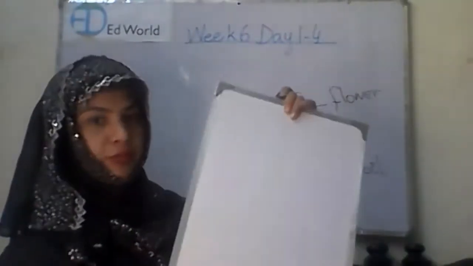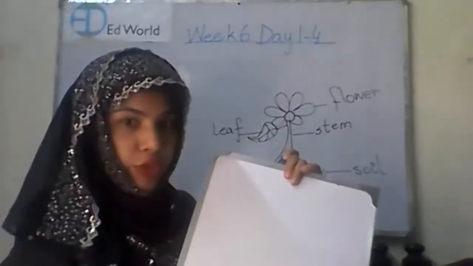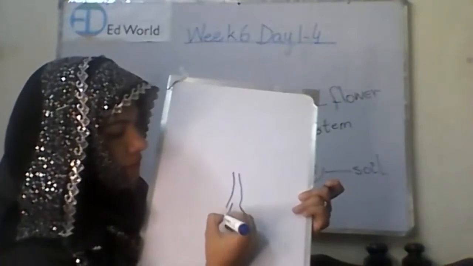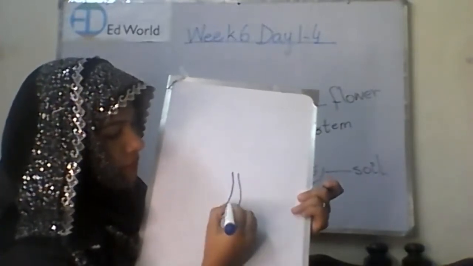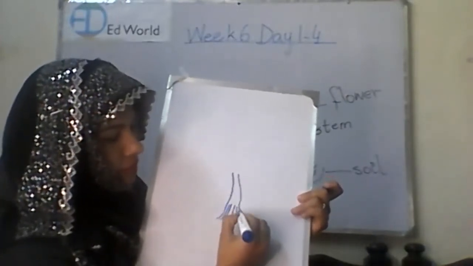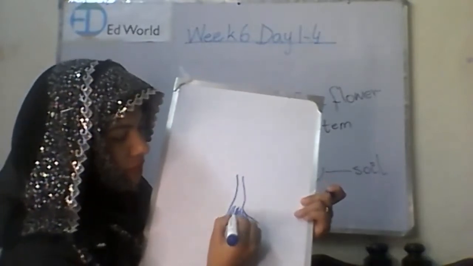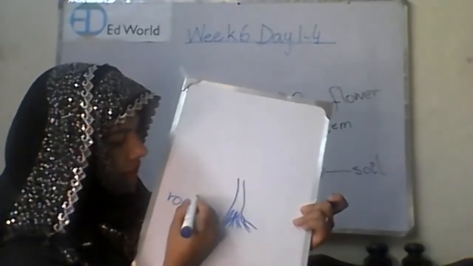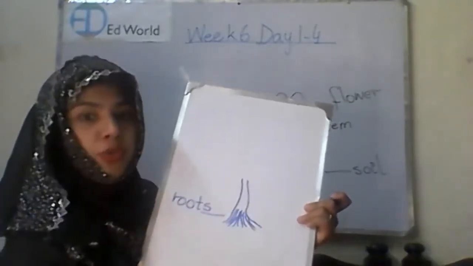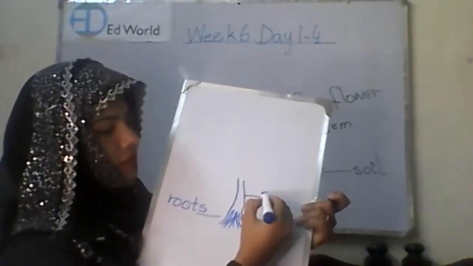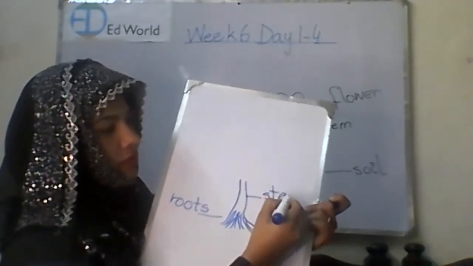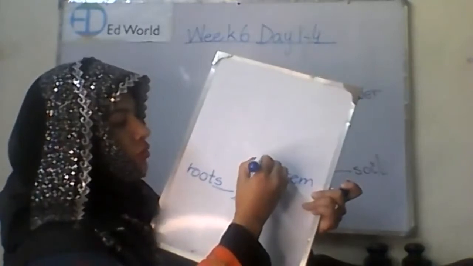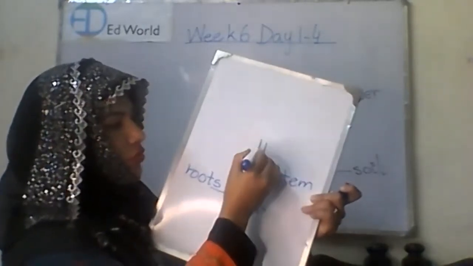See how I'm going to do. I am going to draw the stem. What I made, these are the roots. What is this? This is a stem. Now I need to take it up and then draw the leaves.